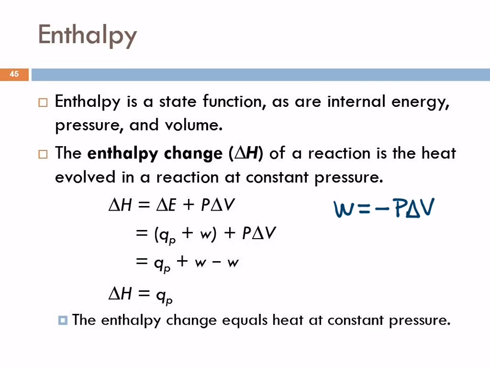So the enthalpy change is heat at constant pressure. Any questions? I'm not going to make you derive that on an exam, but I think it's helpful to see where it came from.